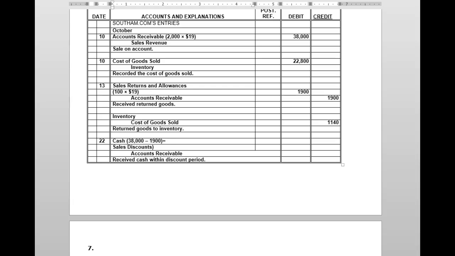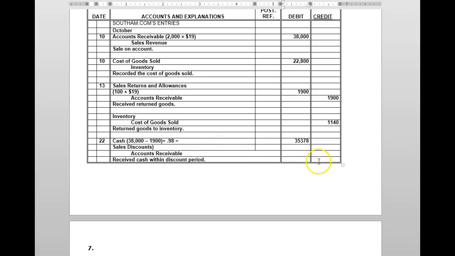Whatever that amount comes up to be. And then they get the discount. And it's a 2% discount. So I can multiply the cash by 0.98 and get the amount I would receive in cash. And that amount, $35,378.